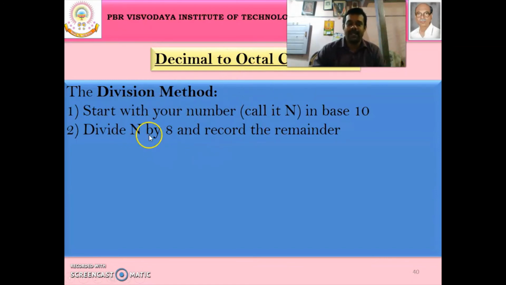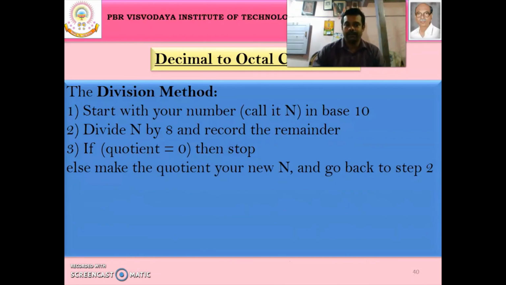So we have to divide that number by 8 and record the remainder. While dividing, we will be getting a quotient and remainder, and we have to record the remainder. We have to continue dividing till we are getting quotient as 0. When you are getting quotient as 0, we have to stop.